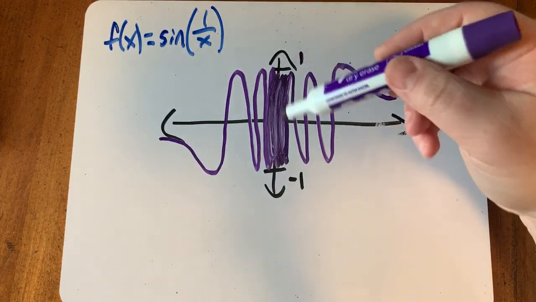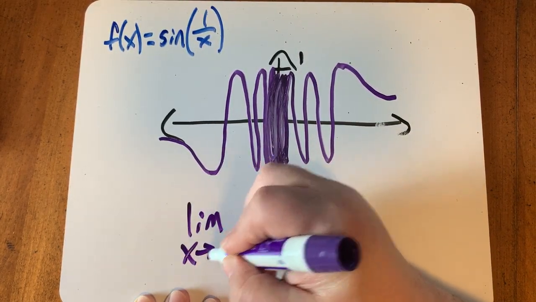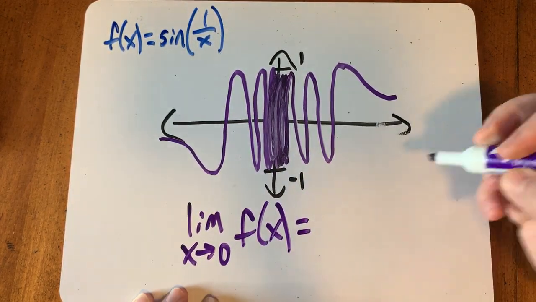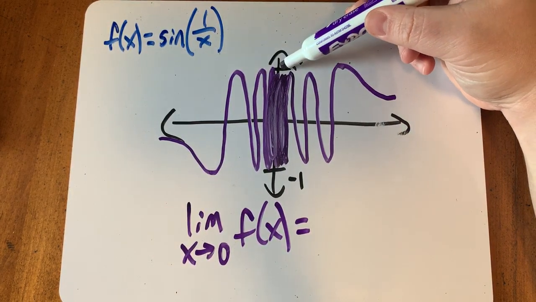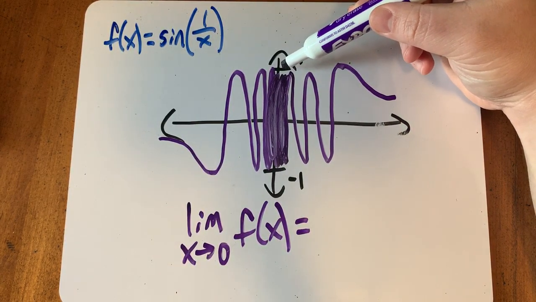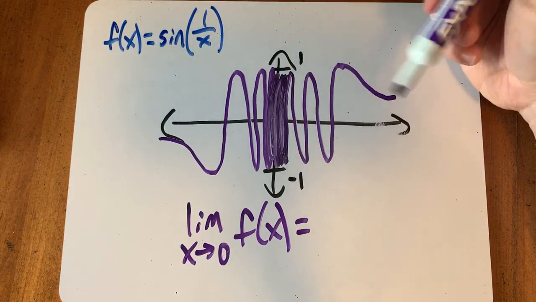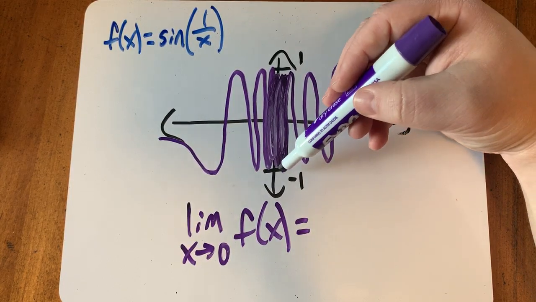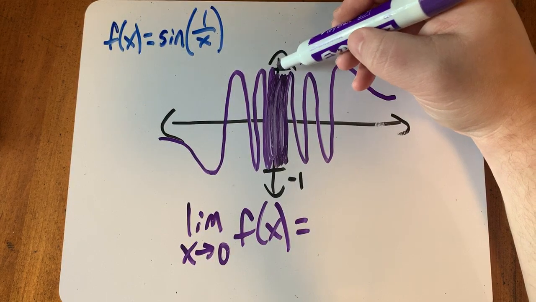Since it's oscillating between 1 and negative 1, if you try and take the limit as x approaches 0 of this function, for every point where you're at 1 on the right side, there is actually a point closer to 0 where you're at negative 1. And then for every point you're at negative 1 on the right side, there's actually one closer to 0 where you're at 1.